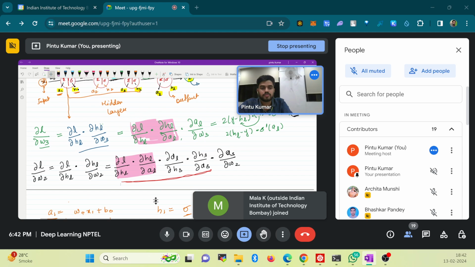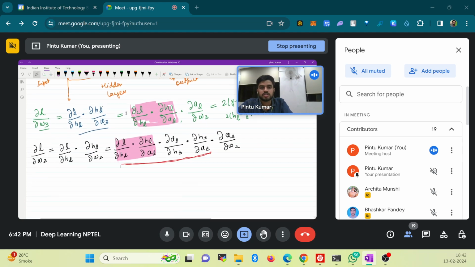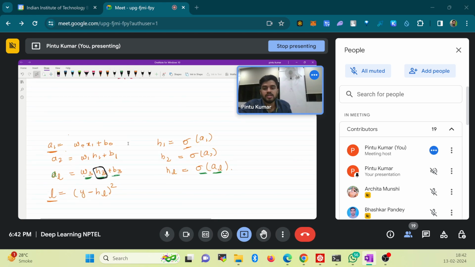Yeah, so from the above calculation we already know what these first two terms are. This is 2 times predicted minus actual, times sigma dash at AL. Now this is del AL by del H3. What is my del AL by del H3?